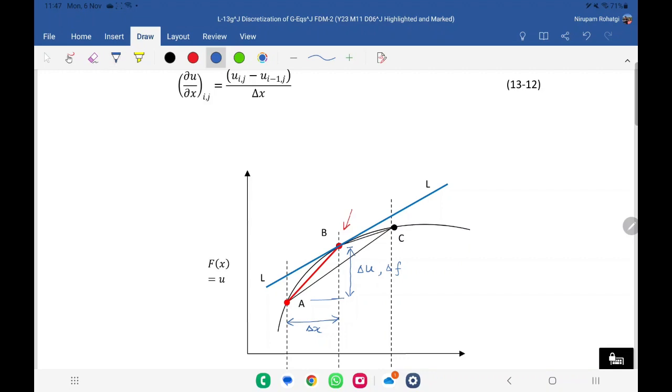Now if we reduce delta x, that means we will move here, we'll move here, and we'll move here. Accordingly our slope will keep on changing, and this I think you have done in your undergraduate classes.